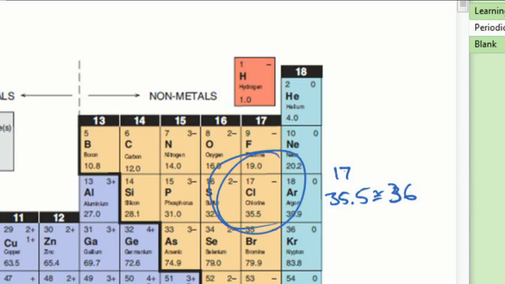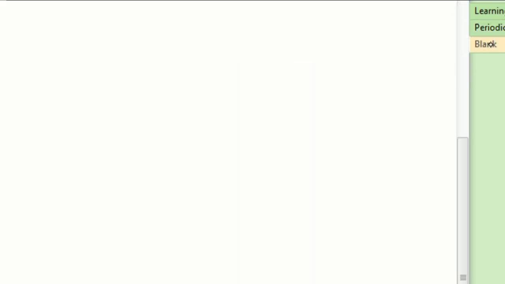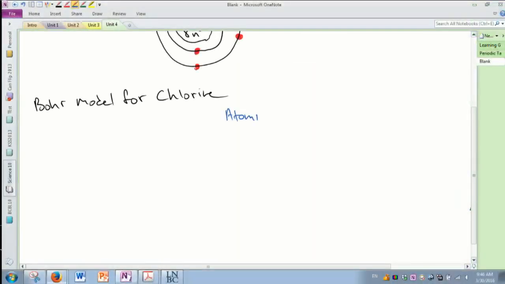All right, so the atomic number is 17, the mass is 36. So I'll jump back to this blank here. Atomic number, 17, atomic mass is 35.5, which we're going to round to 36.